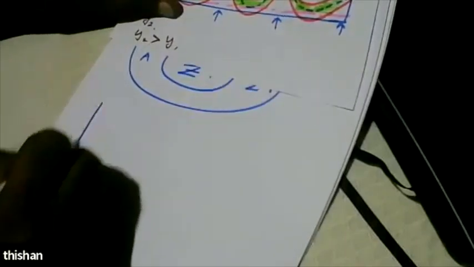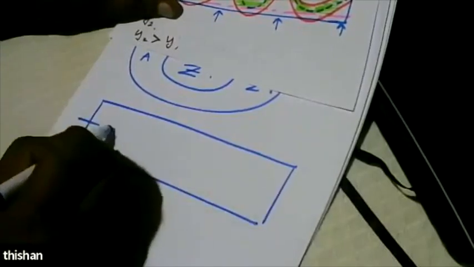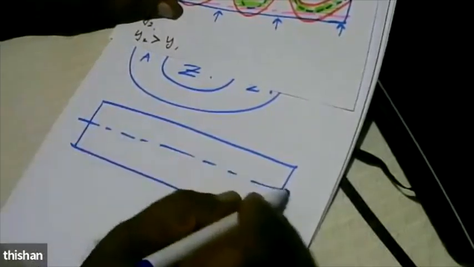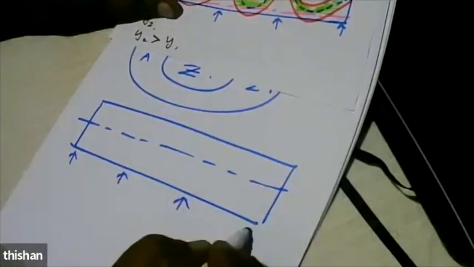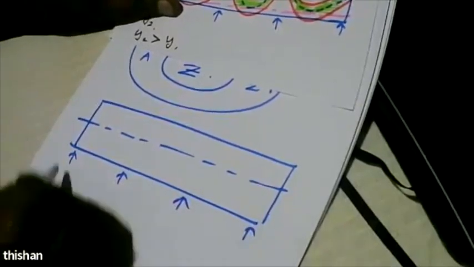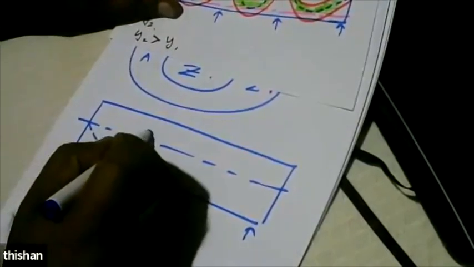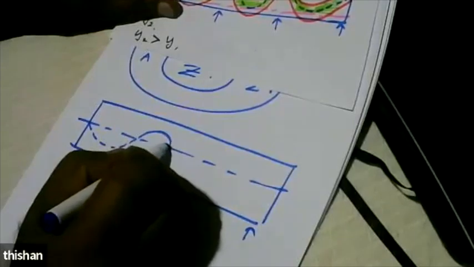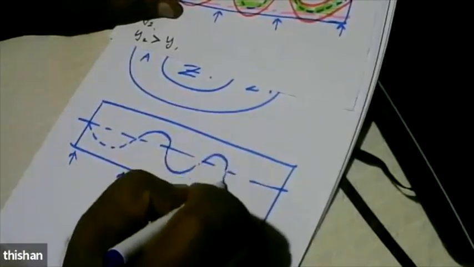So let's assume that we have fixed this profile. This is the centroidal line, and these are the supports. These are supports, and we have fixed a profile like this. It reverses, goes down, reverses, goes down.